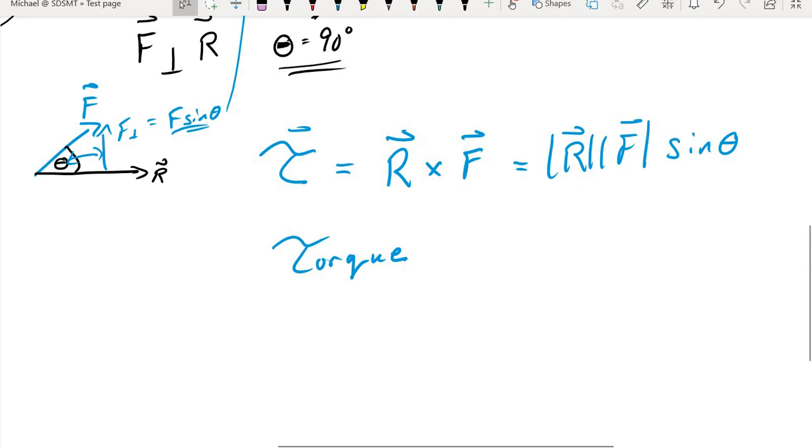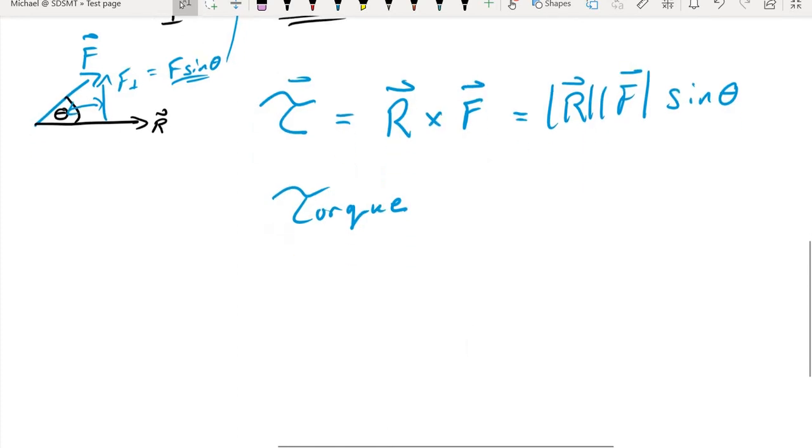So the torque is a vector, and the torque is going to be like our force analogy to angular systems.